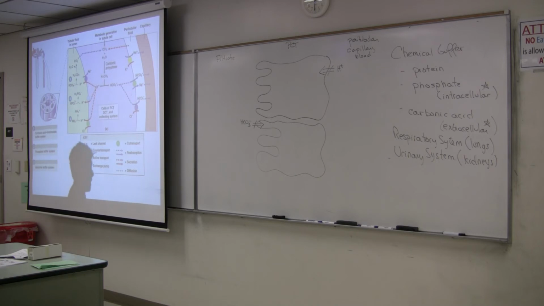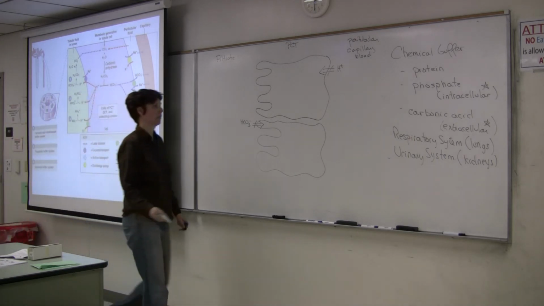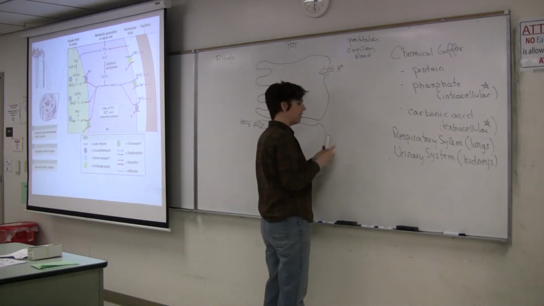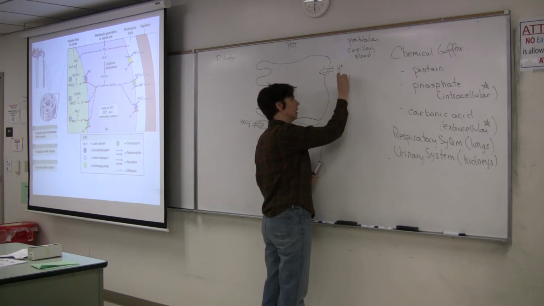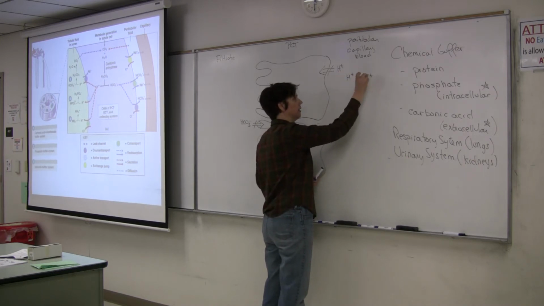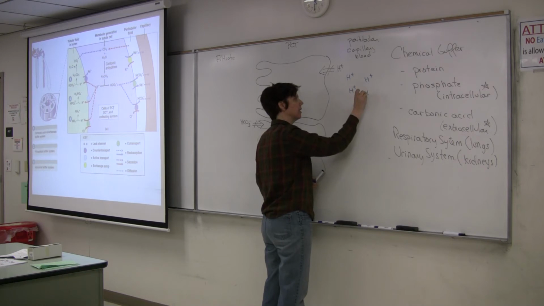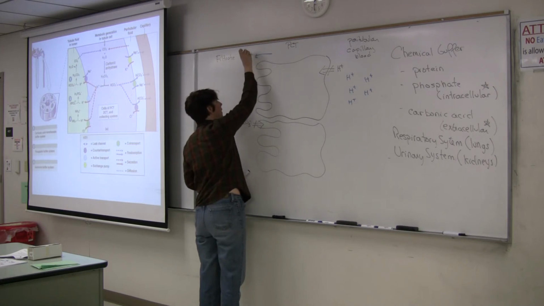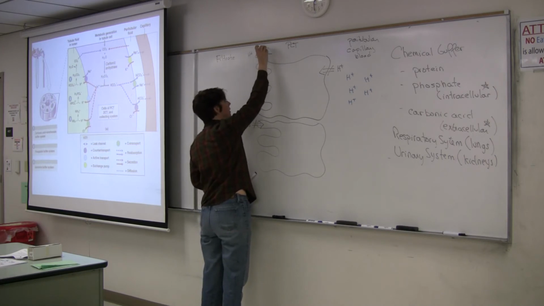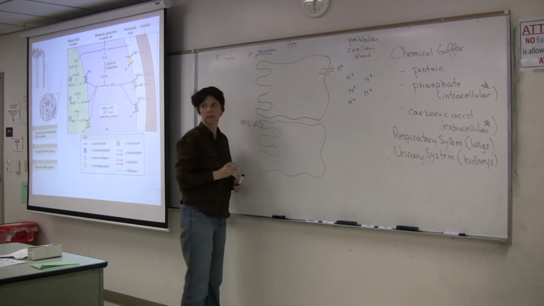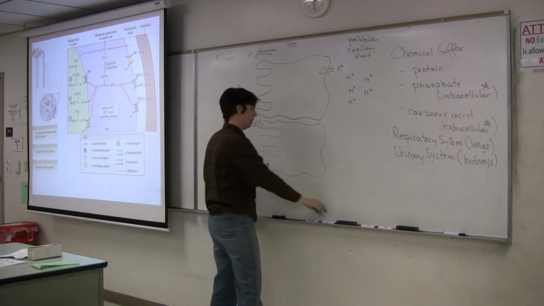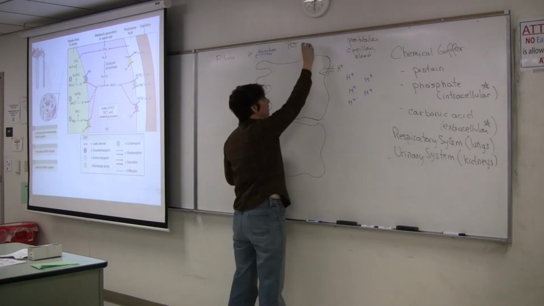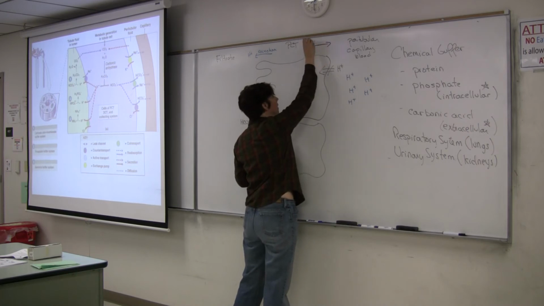And yet, in an acidic condition, we have lots of hydrogen ions that didn't get filtered that we want to secrete into the blood. Remember, this is secretion. All right, and this is reabsorption.